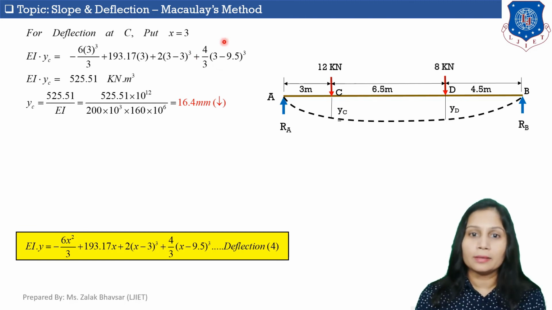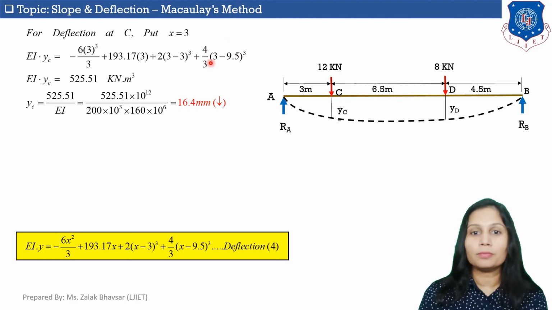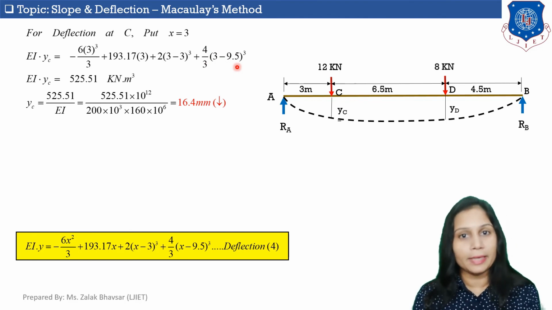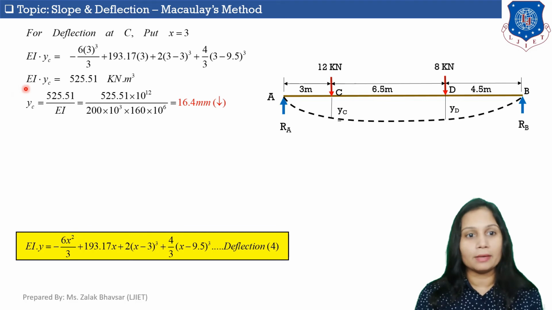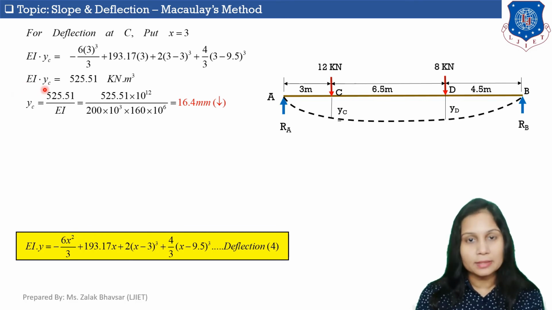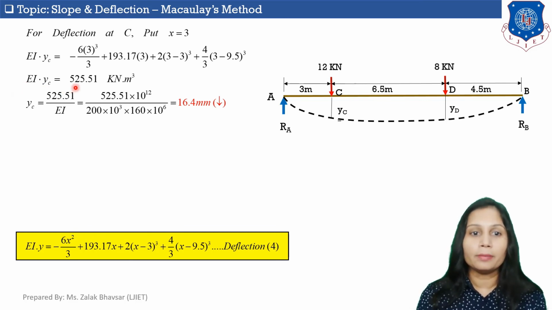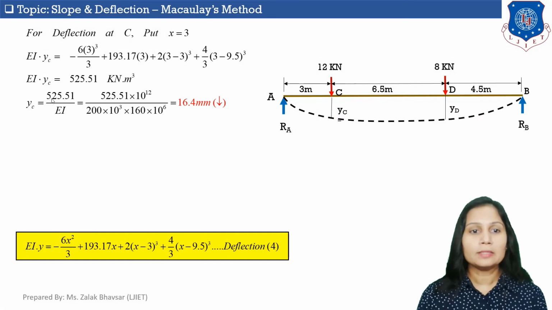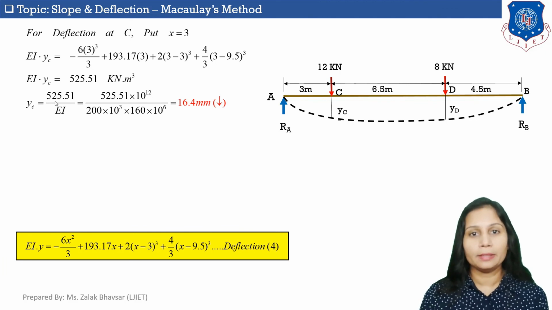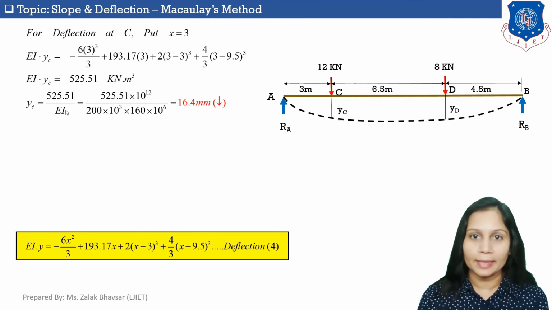Okay, so here in the last term, value of 3 minus 9.5 will be negative, so we will neglect this term, and if I solve this, then I will get EI into YC is equal to 525.51 kilonewton into meter cube. So YC will be equal to 525.51 upon EI.